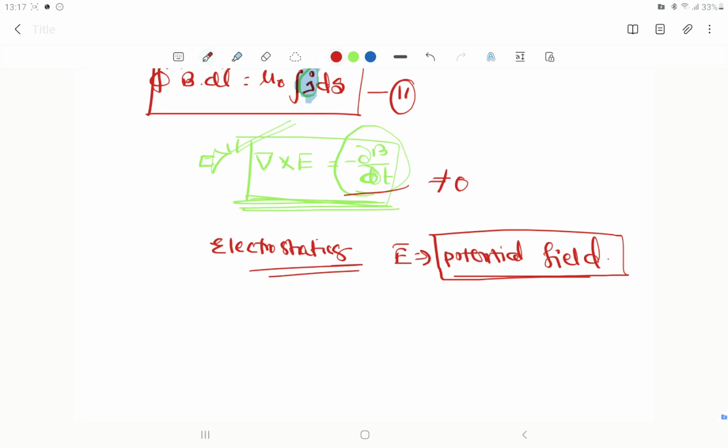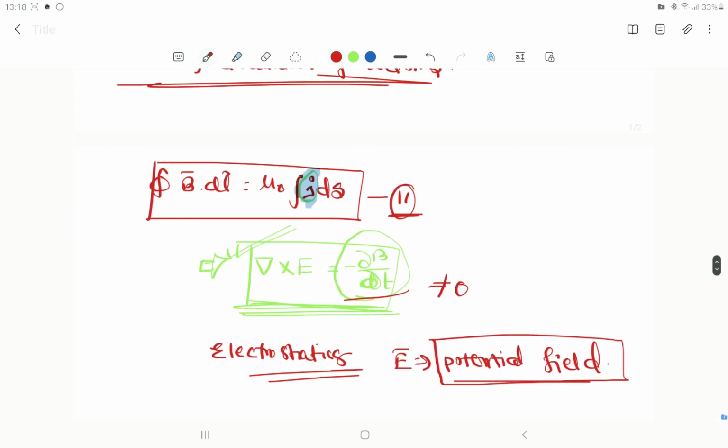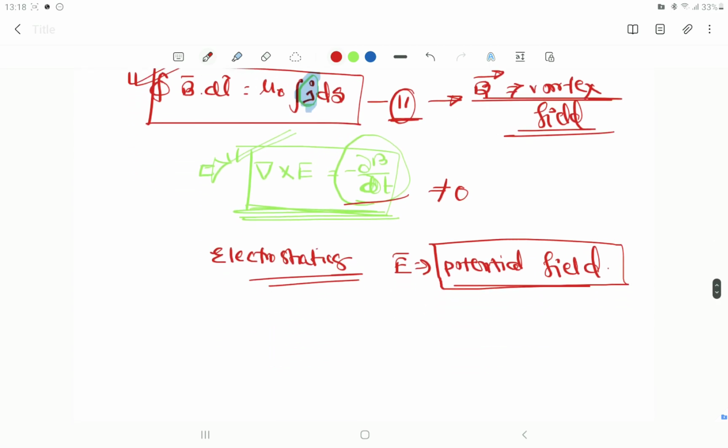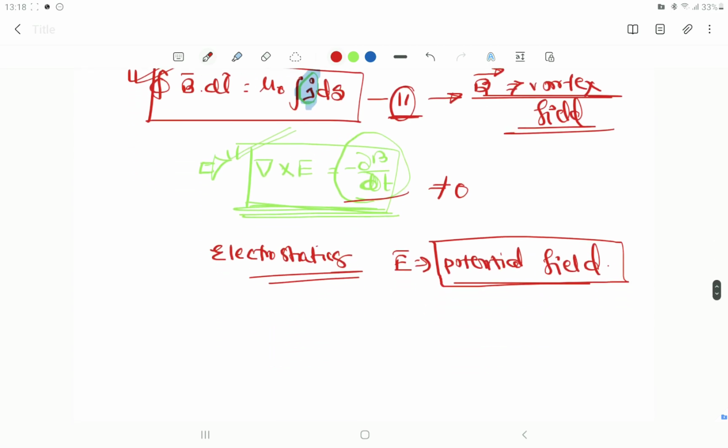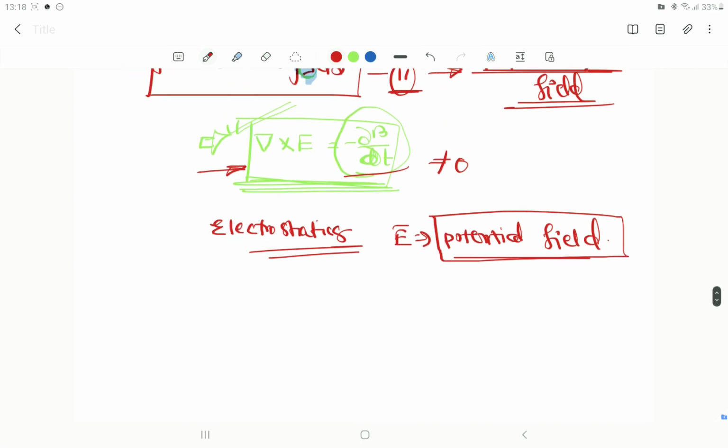Now, why am I telling about these two equations? Because from this equation we determine that the B field is a vortex field. As we have derived this equation, we can draw the conclusion that electric field can be either a potential field, as we did in electrostatics, or a vortex field.